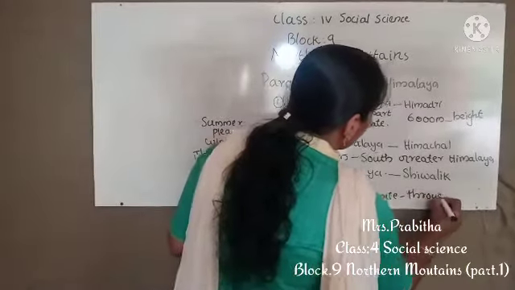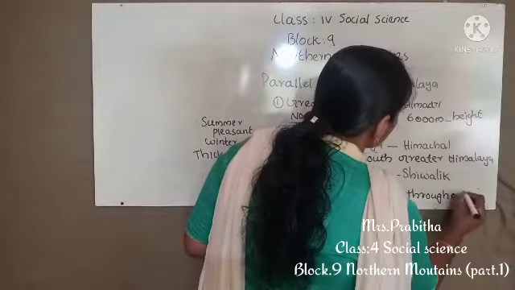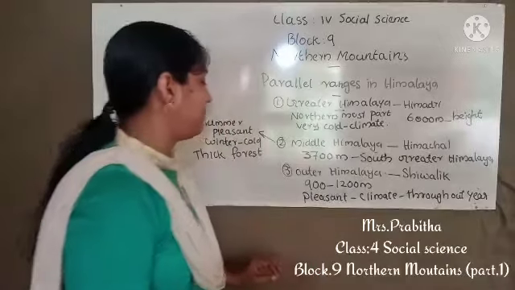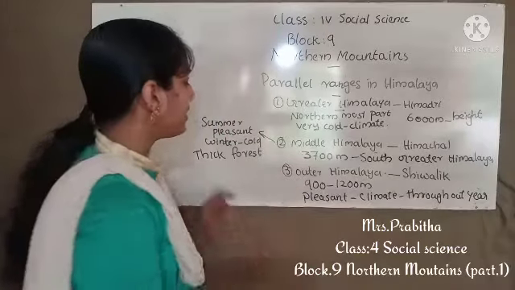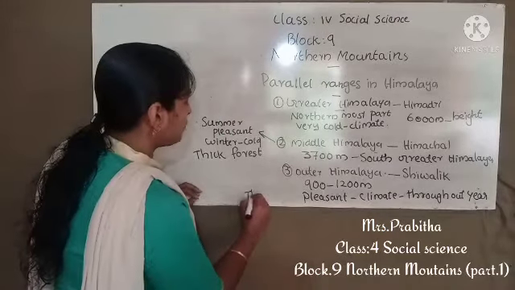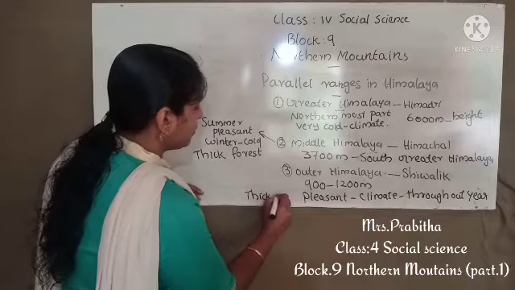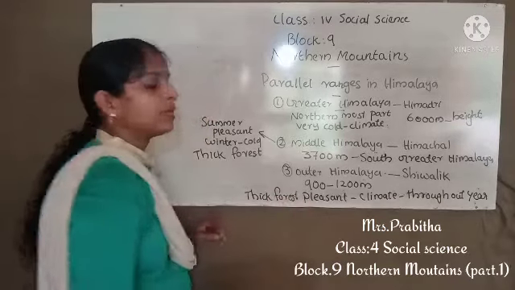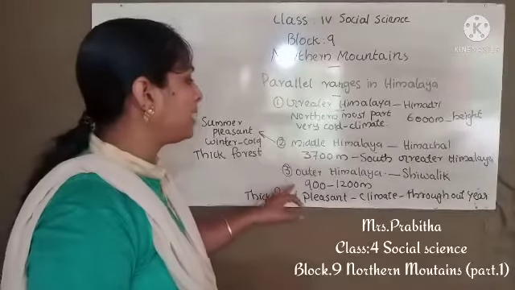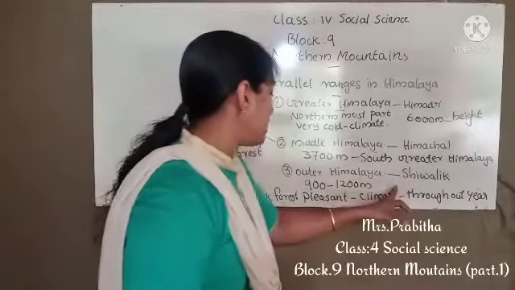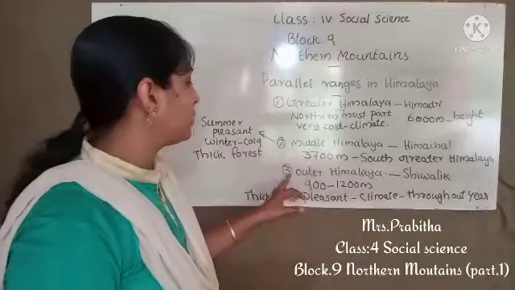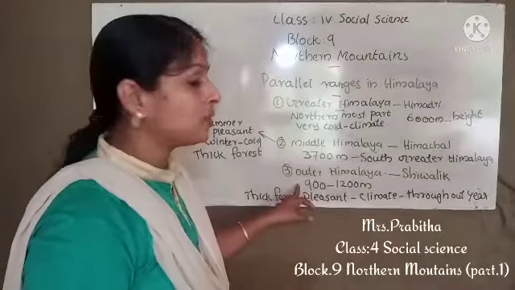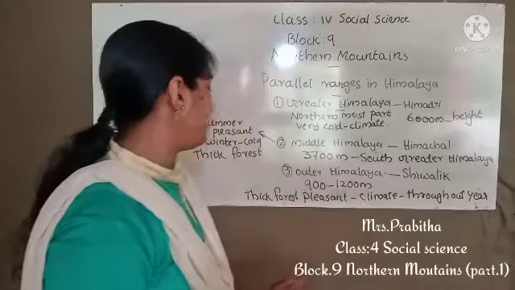Throughout the year it will have pleasant climate, and Outer Himalayas are also covered by thick forest. So these are the three parallel ranges of Himalaya. Outer Himalaya is also called Shivalik, with average height from 900 to 1,200 meter.